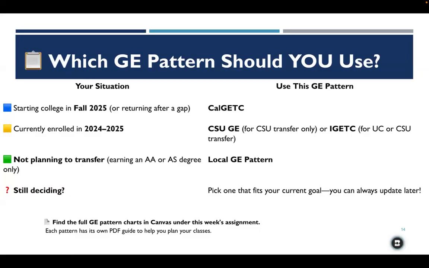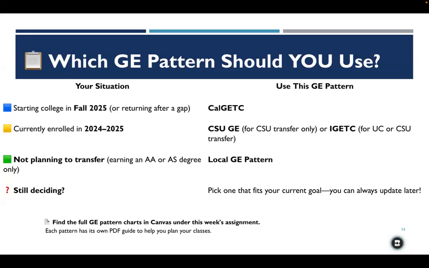So if you were starting in fall 2025, the CalGETC general education pattern is great because it can be used for students transferring to the UC, students transferring to the CSU, and it can even be used for our local associate degrees. But the CalGETC is going to be the one that will allow you to reach any goal.